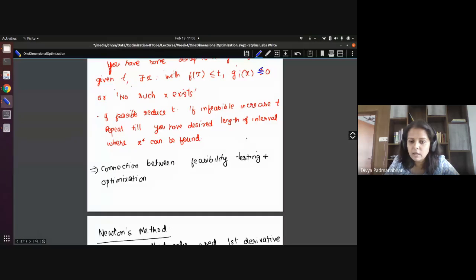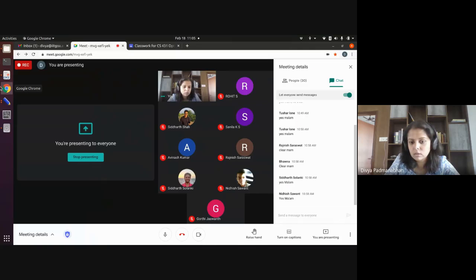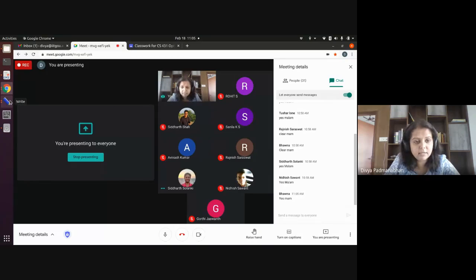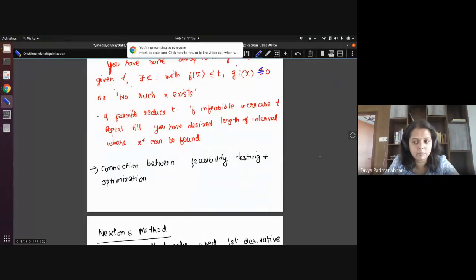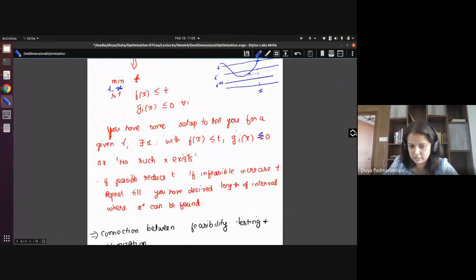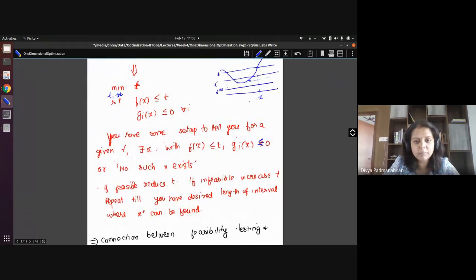Now, any questions so far? All good? Ma'am, isn't optimization also feasibility of the right kind of constraints? Yeah, exactly. That's why there is this connection. You can model an optimization problem in terms of an appropriate feasibility check, but you need to combine feasibility and some sort of a search.